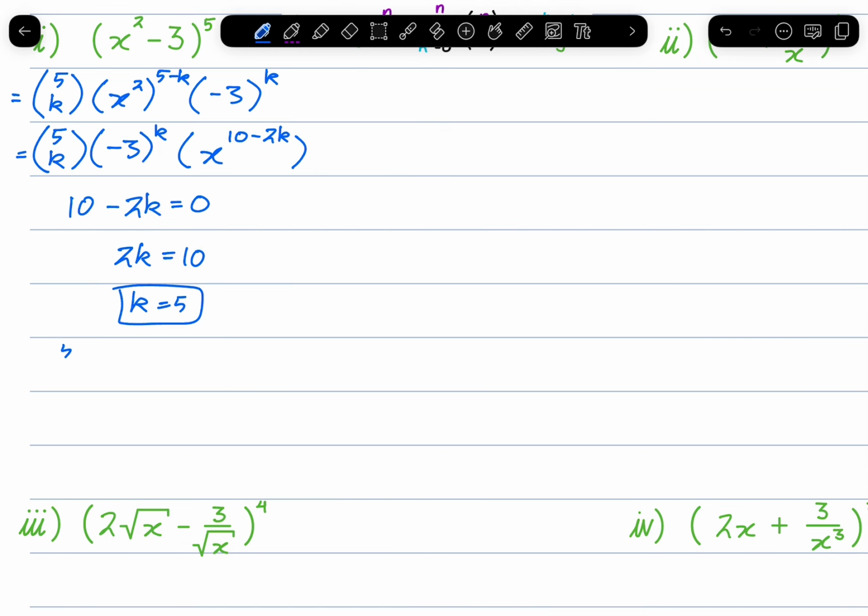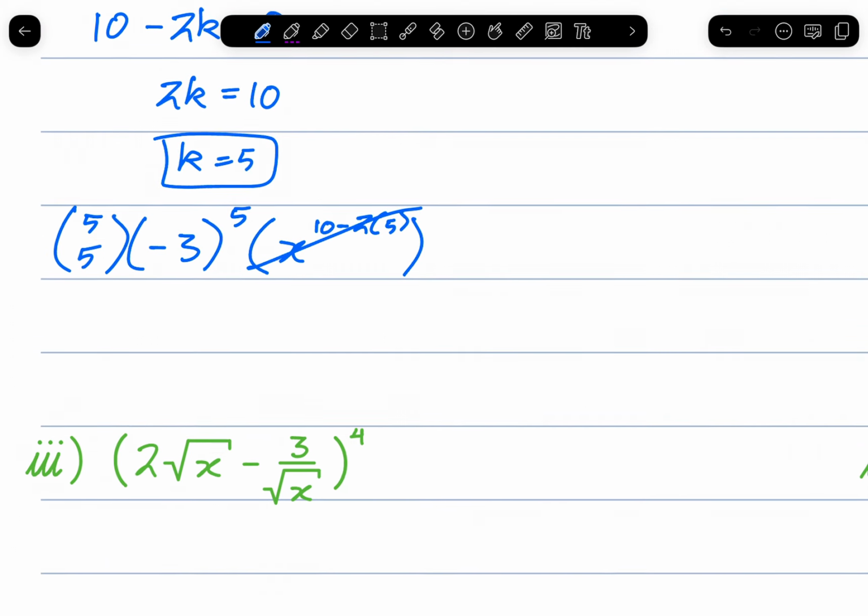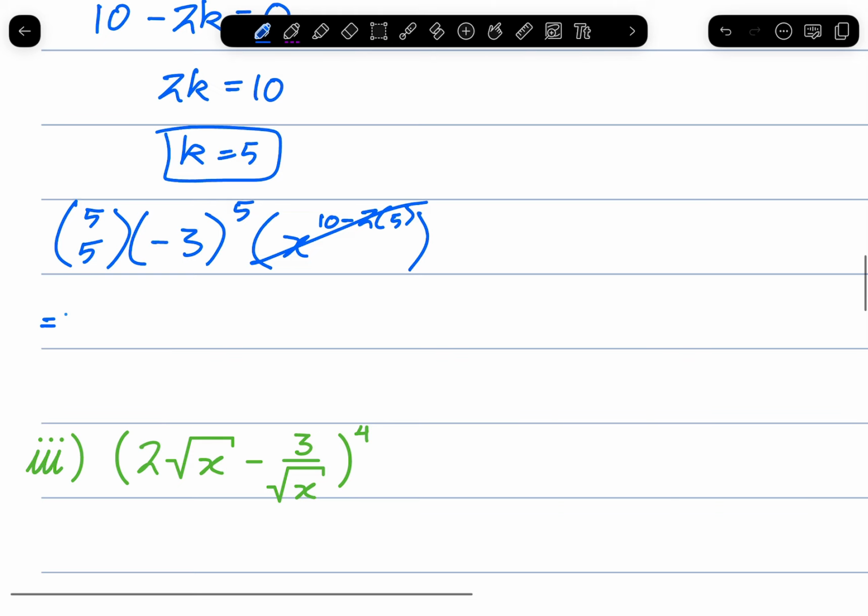So now we can go 5 choose 5, negative 3 to the power of 5. And just substituting it completely, we get x to the power of 10 minus 2 times 5. This will give us 1. This can be further expanded.